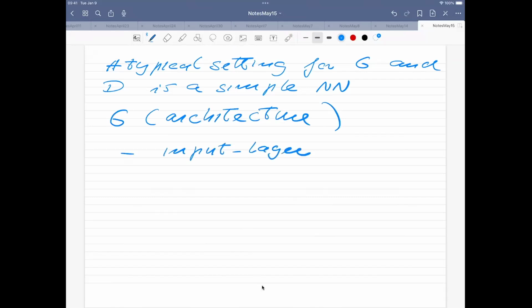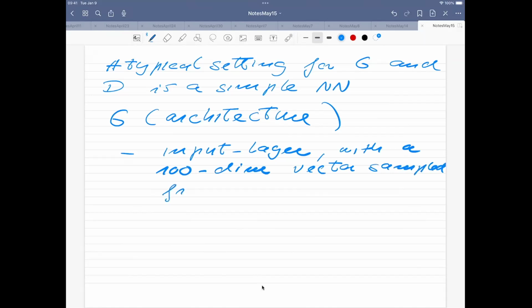That input layer receives something like a vector of a given dimension, which could be sampled from a Gaussian distribution, just as an example. So for the input layer, you could decide the dimensionality. Let's say, and this is just an example I'm cooking up, a 100 dimensional vector, which is sampled from a Gaussian distribution.